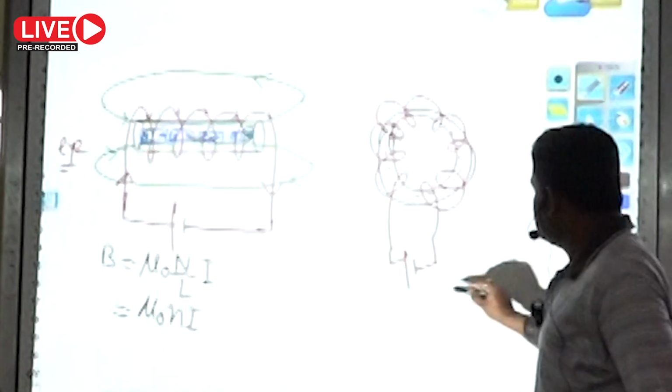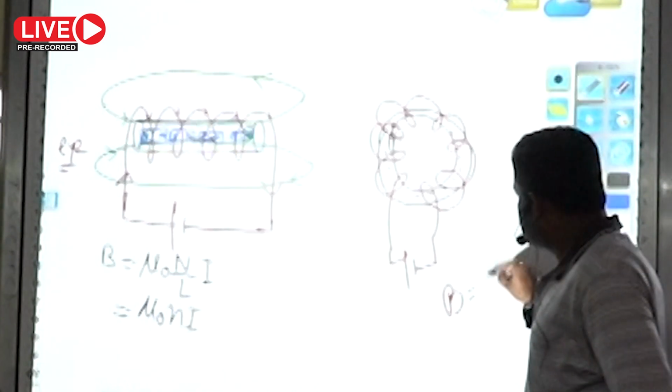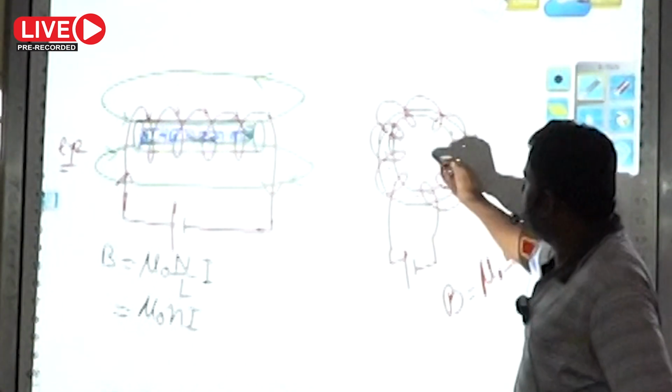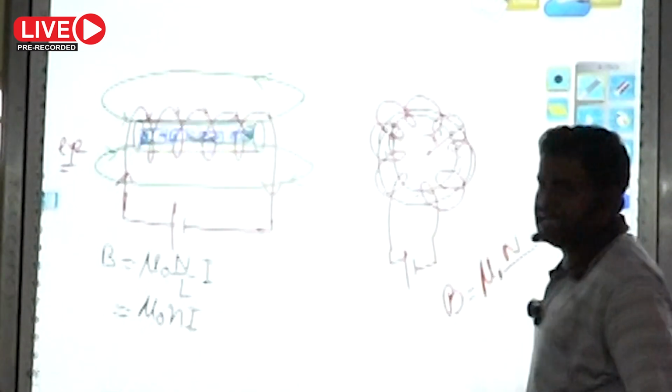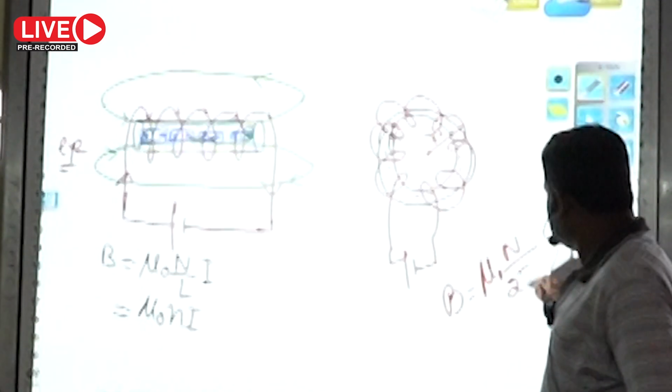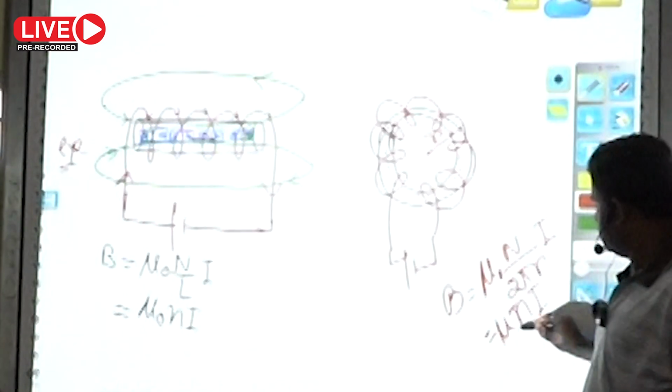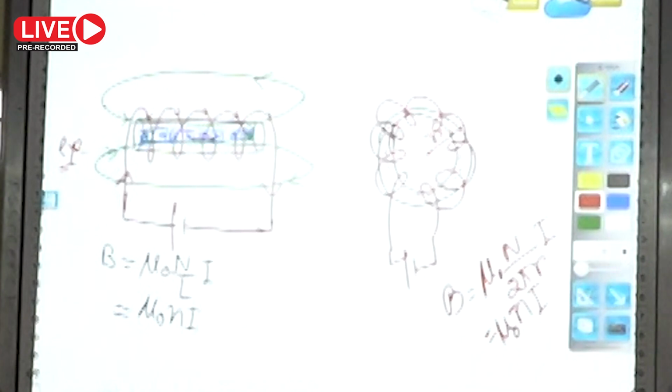But in that case, B can be written as mu naught N by, now the total length can be written in terms of the radius, that is 2 pi r. So again finally you can write mu naught n times I. Only the length is now circular, so it can be calculated from the circumference, that is 2 pi r.